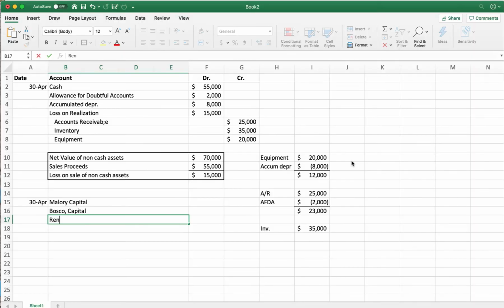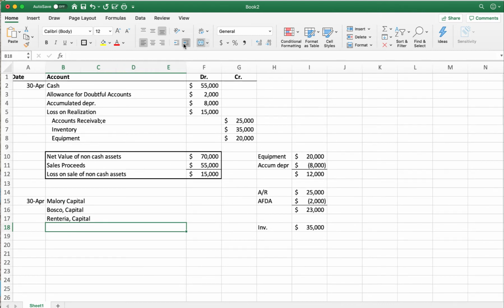That's a weird name. Renteria. Okay. Capital. And then we're allocating this loss, right? What is our loss on realization? Well, it's $15,000. Okay. So think about it this way. We're closing out our loss account, right? We have a loss of $15,000. We need to allocate that loss to the partners. That's what we're doing here.